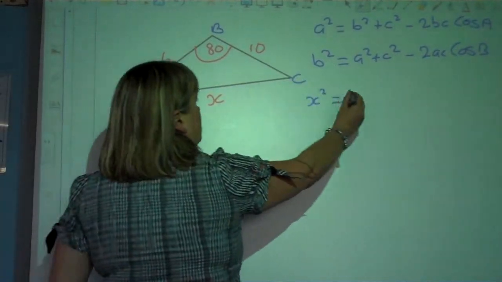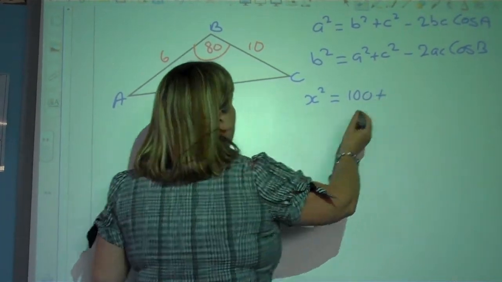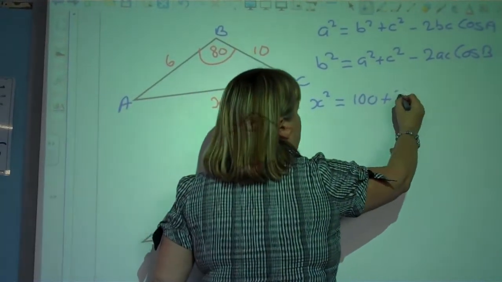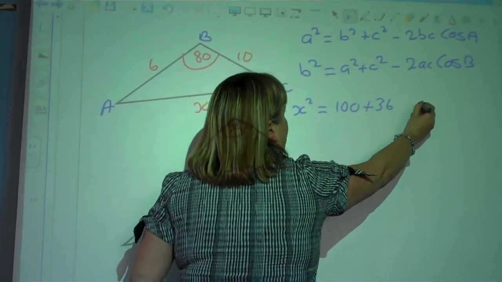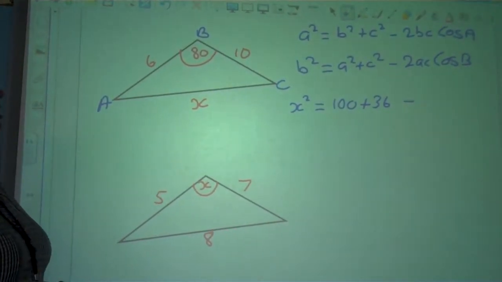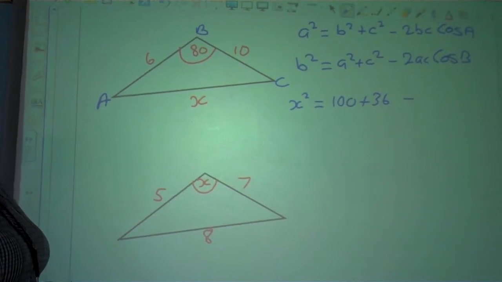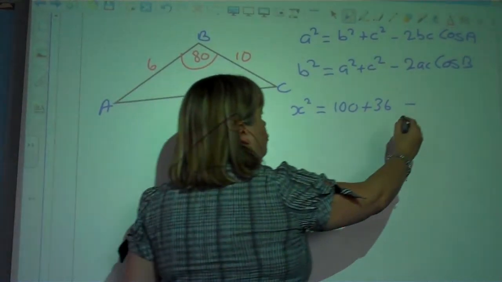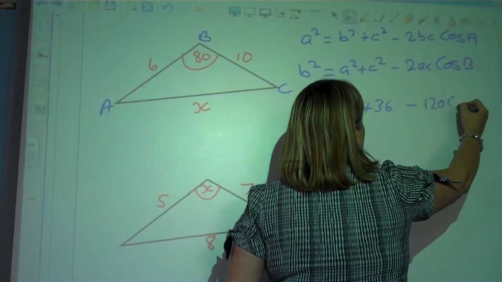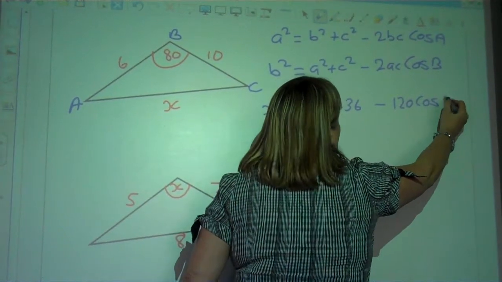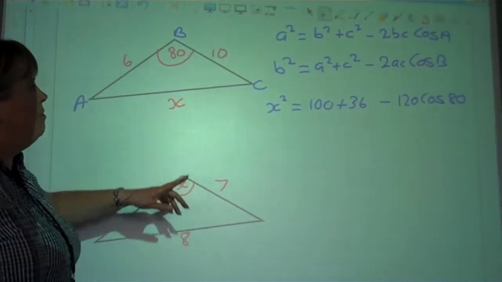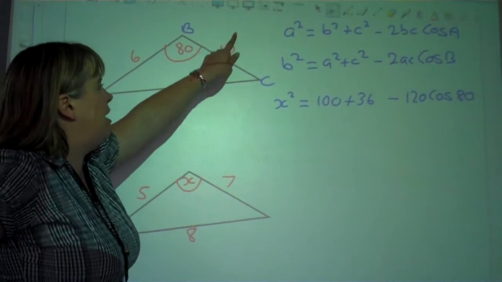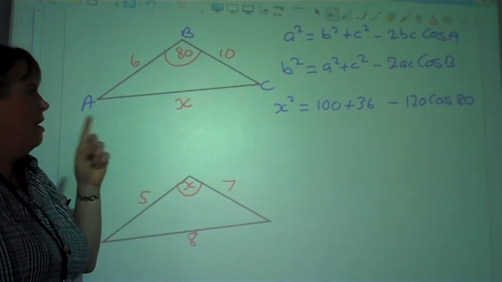100. So, okay, so 10 squared is 100 plus 36, because 6 squared is 36, minus 120 cos 80. Okay? Because 2AC, 2 times 6 times 10, 120 cos 80.